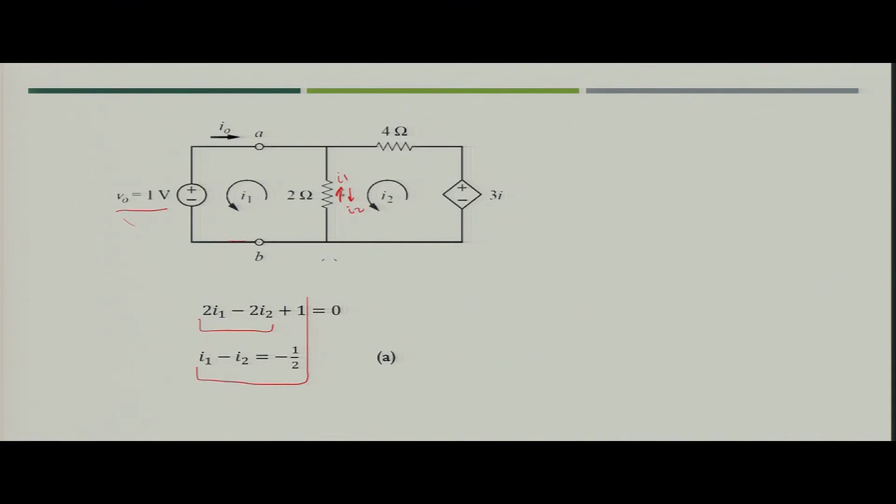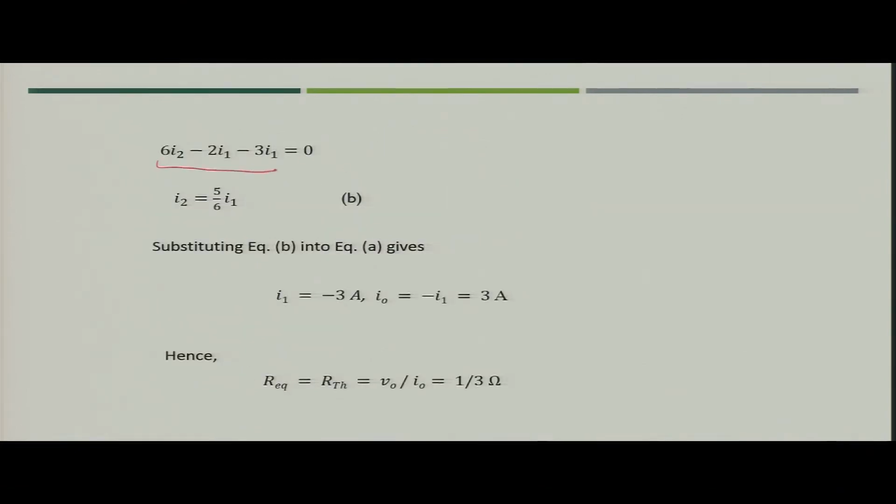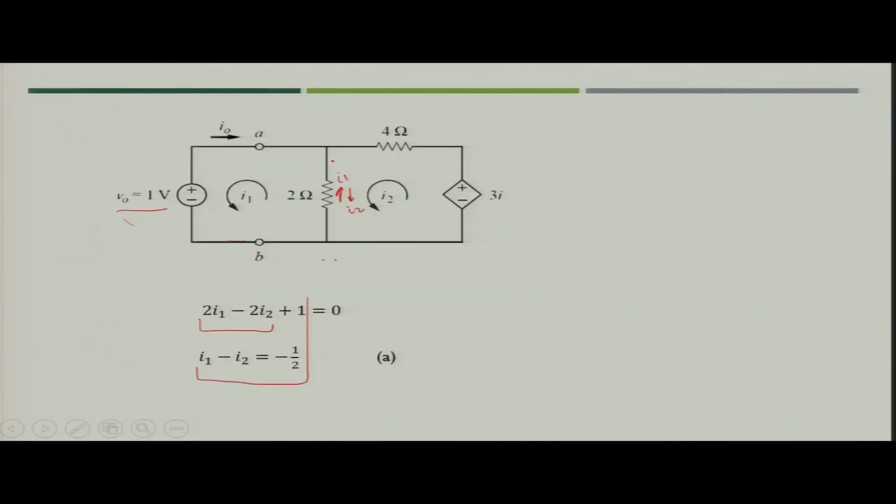Now, for the second loop, what can we write? We can simply write 4 plus 2, that is 6 I2, minus 2 I1, minus 3 I1, equal to 0. It is going from minus to plus, that is why it is minus 3.